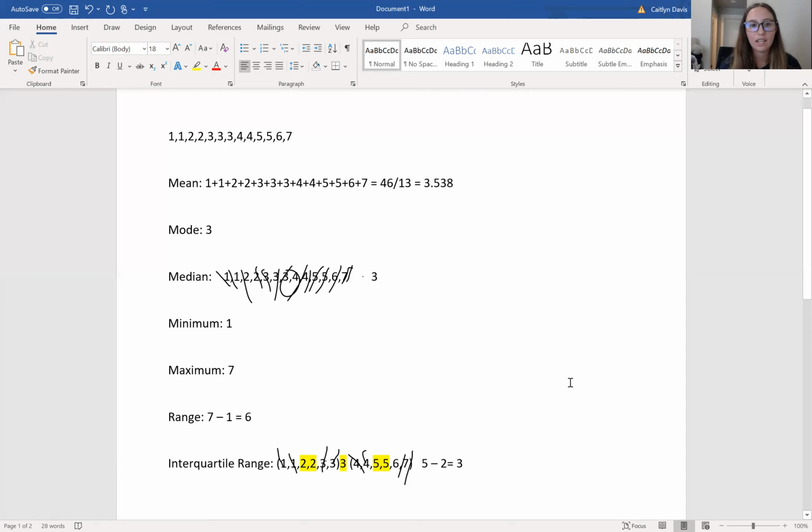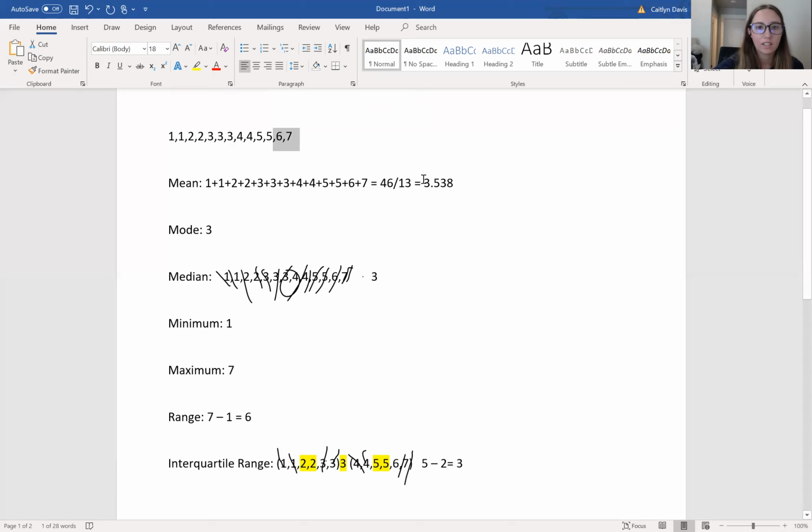So just to summarize all of this, I wouldn't necessarily consider them outliers, but the higher numbers, these 6 and 7, can sway data sometimes.